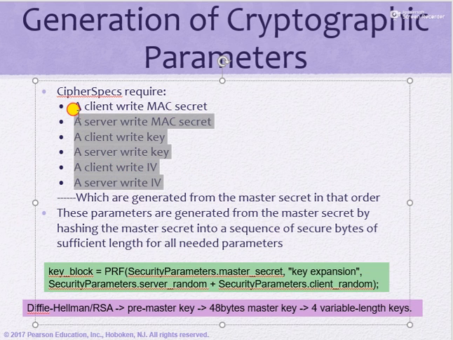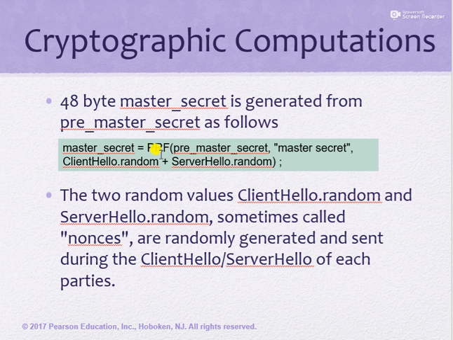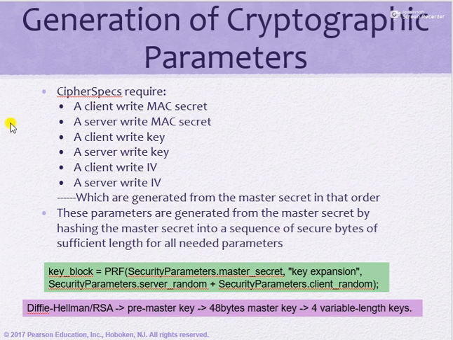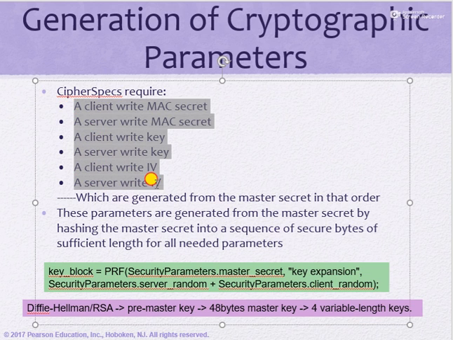So all these 6 key values are generated from the master secret, which is generated from the pre-master secret. First the pre-master secret is generated, from the pre-master secret the master secret is generated, and then from the master secret these 6 keys are generated. So here we show how we generate the pre-master secret.